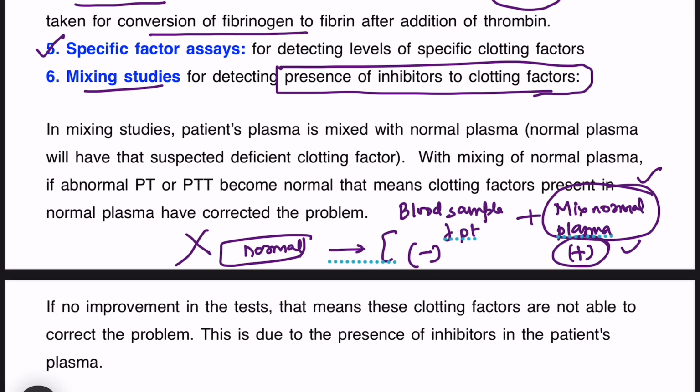Why will that happen? That happens if there are inhibitors of clotting factors in the blood sample of the patient. So that is important: the presence of inhibitors in the patient's plasma may also lead to abnormal PT or APTT, and those inhibitors can be detected by mixing studies.